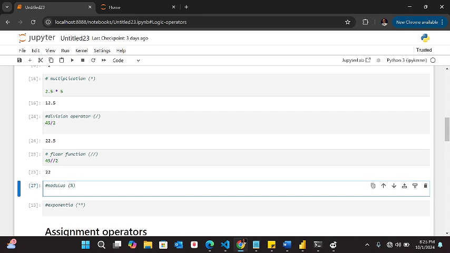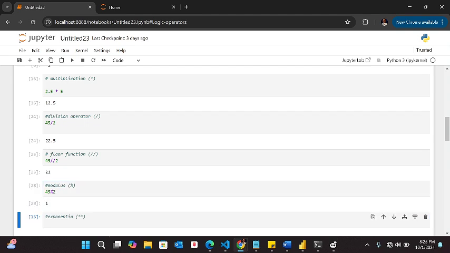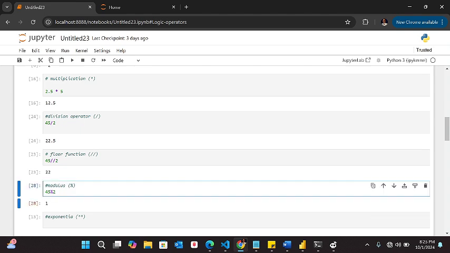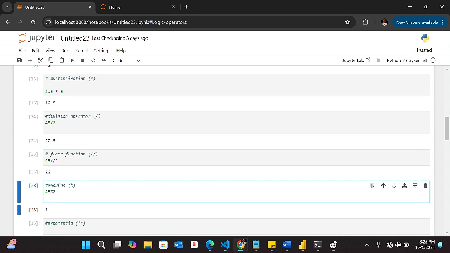So again, let's divide 45 modulus 2 and we have 1, because when 45 is divided by 2, we have a remainder of 1, right? So that's what the modulus does. It only returns the remainder.